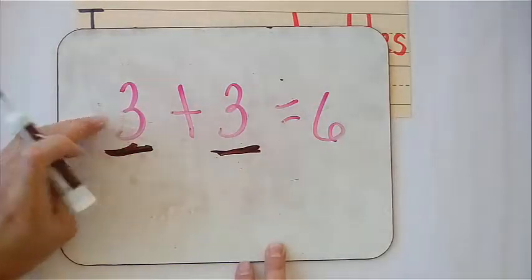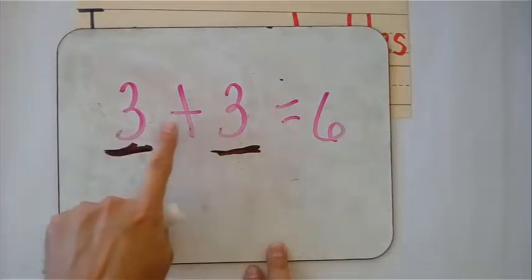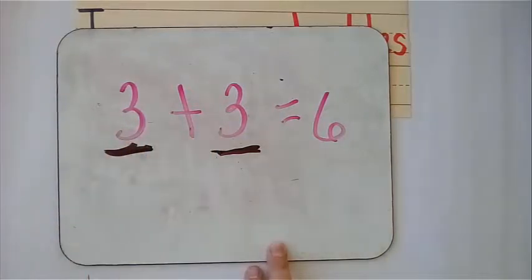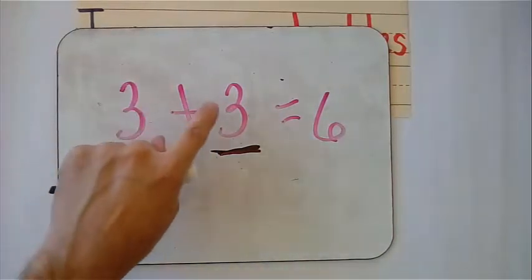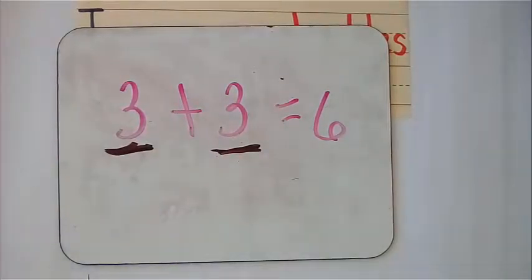And these add-ins are considered doubles if the number is the same. So if you have two add-ins that are the same, like 3 plus 3, then you say that those are doubles.